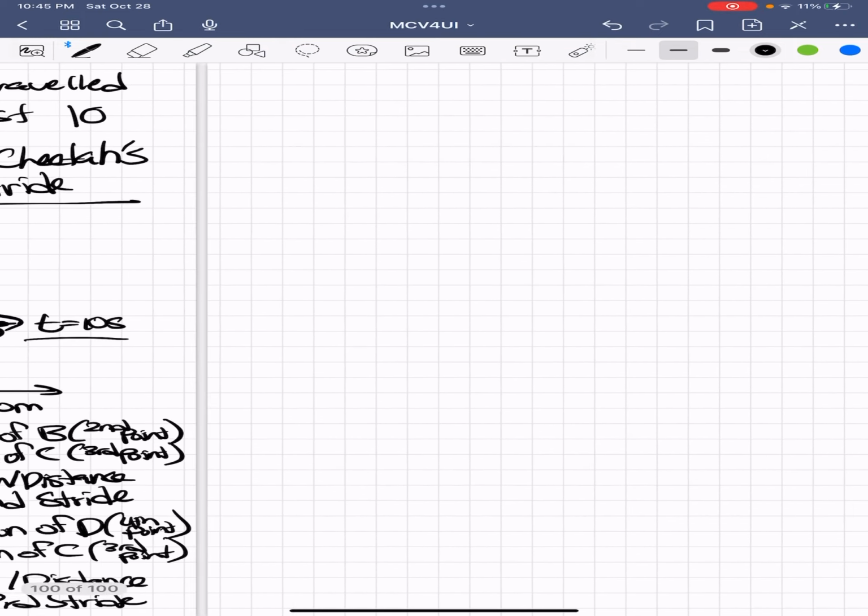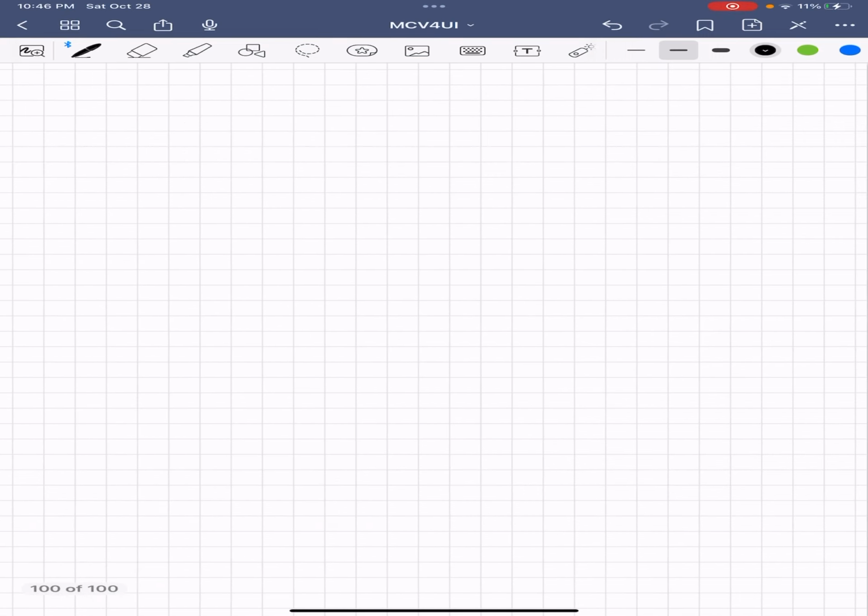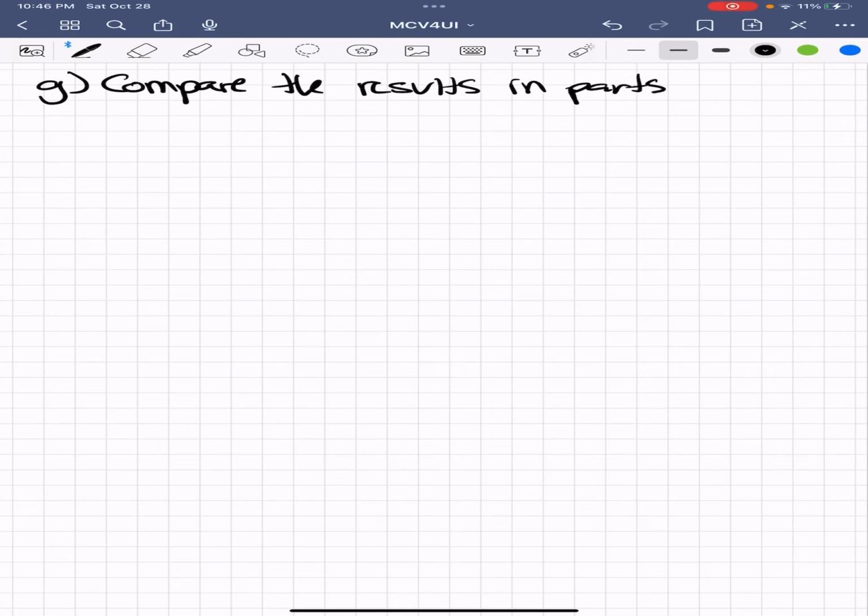Okay, so for E, F is the total distance traveled by the cheetah, and G is compare the results, in parts E and F. So the result of E is where the cheetah is after 10 seconds.